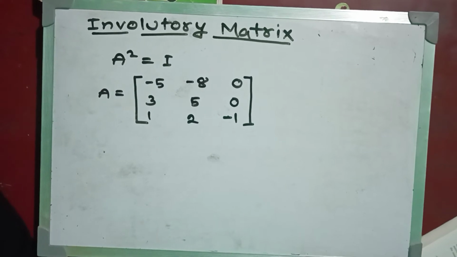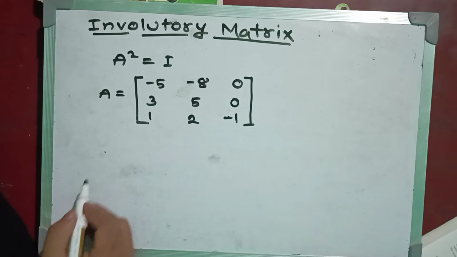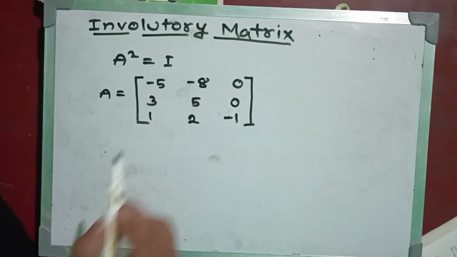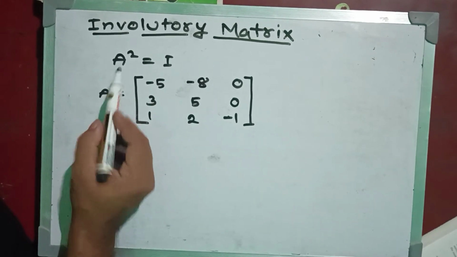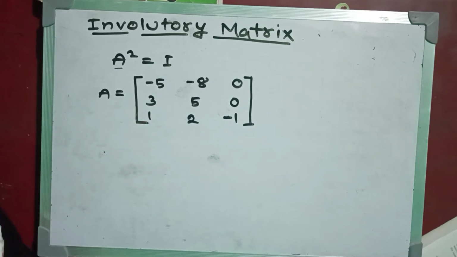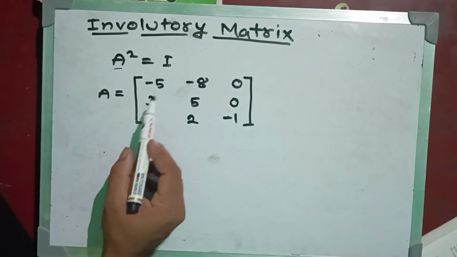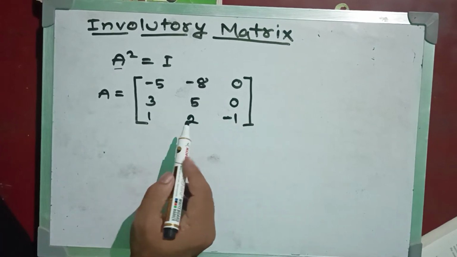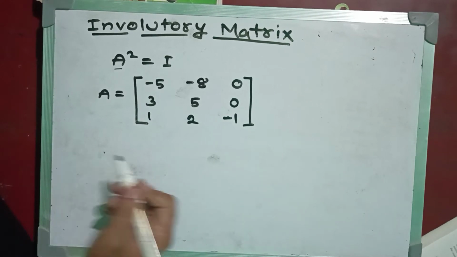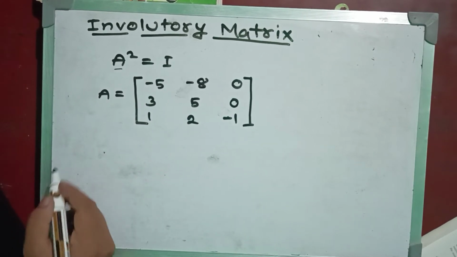Now I will discuss the involutory matrix. What is an involutory matrix? If A square is equal to I, meaning the identity matrix, then we will call the matrix A an involutory matrix. I have taken a matrix A which is [-5 -8 0; 3 5 0; 1 2 -1]. Now I am checking whether it's an involutory matrix or not.